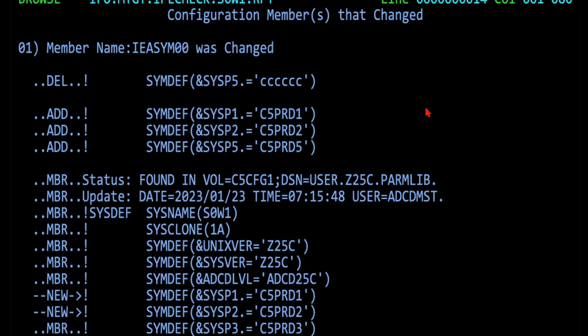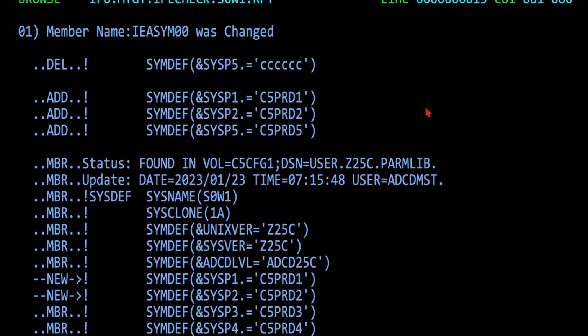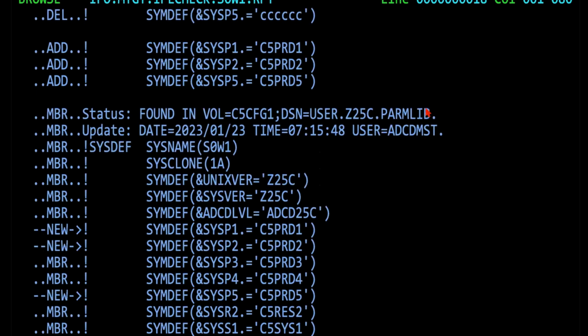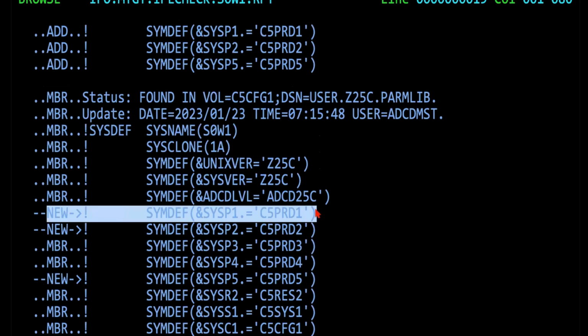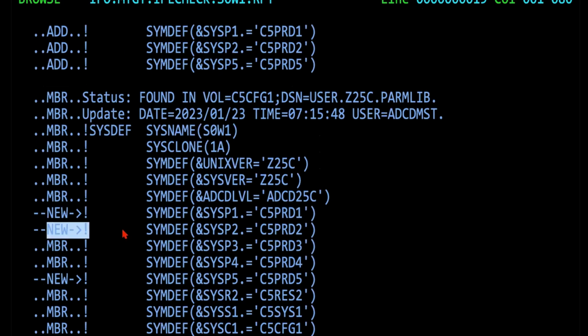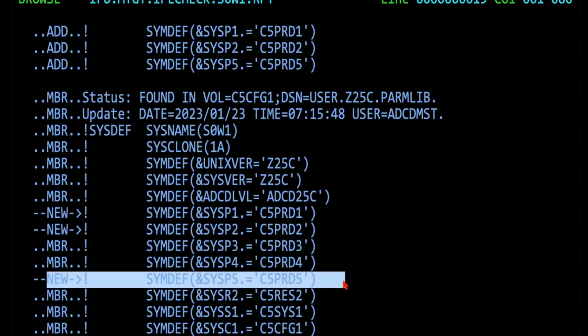We can't specifically point you to a spot where it was deleted, that is, the current member is new, but we can point out those records that are new in that member. Here's one. Here's another one. So these are the 3. These are the ones that have been added, and that other one had been deleted.